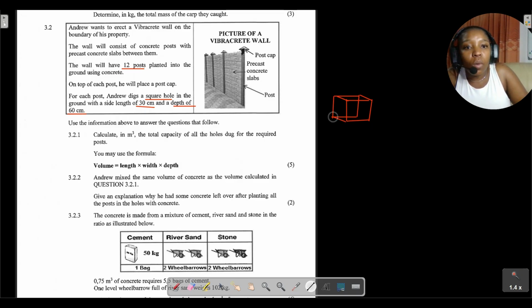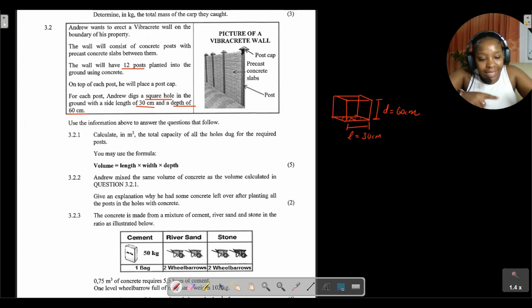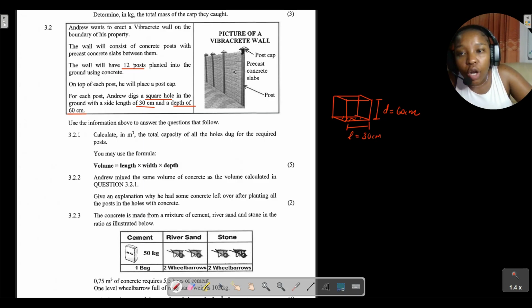So if it's a square hole and we are told that the side length, the length of one side, is equal to 30 centimeters and the depth of this hole is 60 centimeters, what would be the volume of this hole? Because it's a square hole, it basically means that all the lengths of all the sides are the same. So to calculate the volume of the square hole, what will we do?